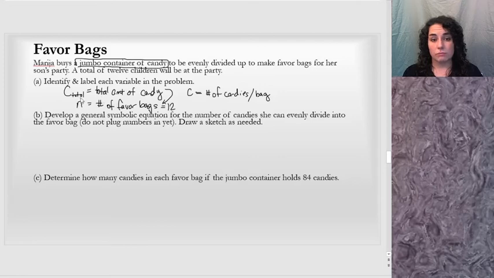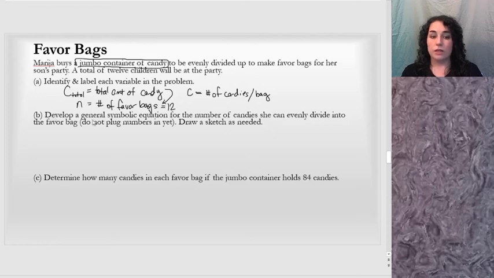It doesn't matter, as long as you're doing this step, identify and label each variable. I would accept if you put C and F, or B, number of bags is B. That makes sense. As long as you've defined them, you've written that information out for the person reading your problem. And if it makes sense to you and you communicate it well to another person, this is your step to communicate it well to another person.